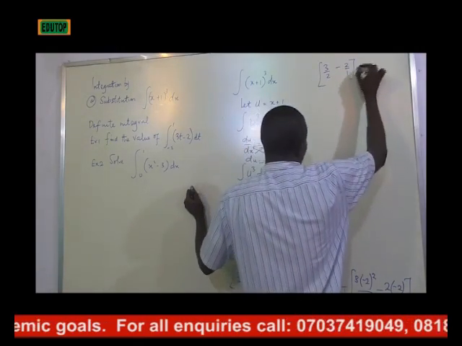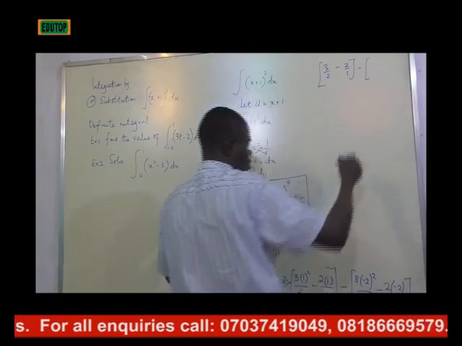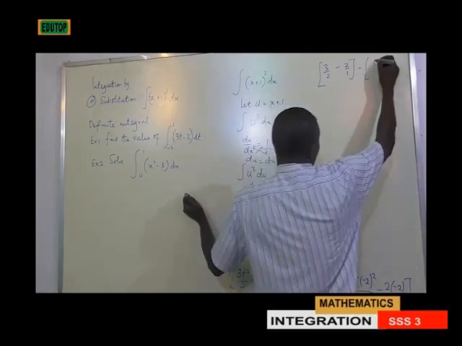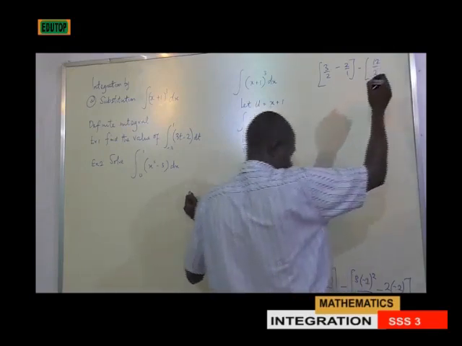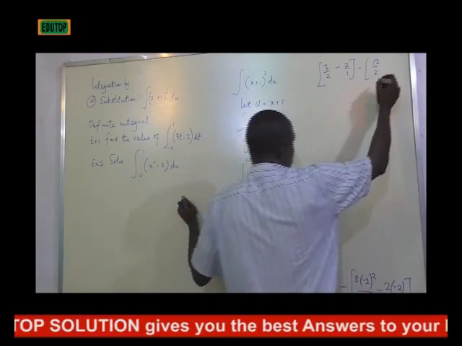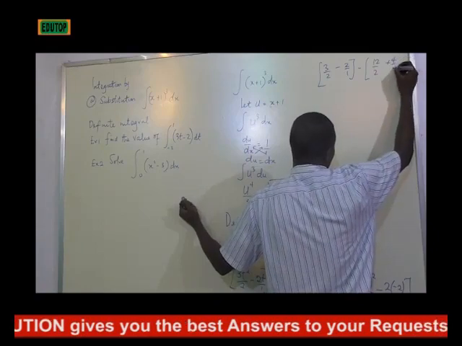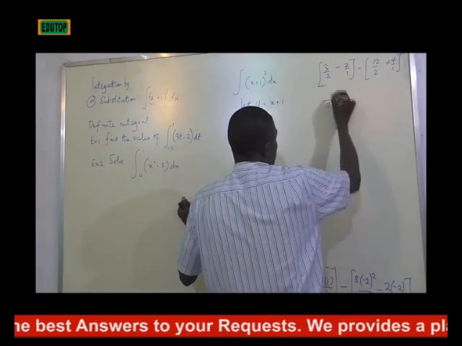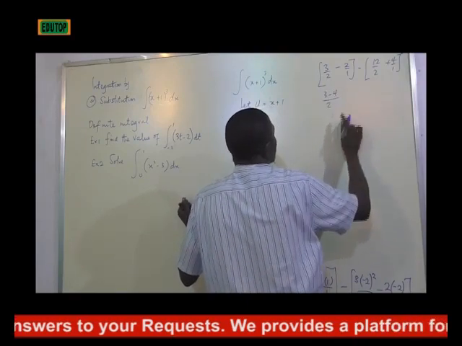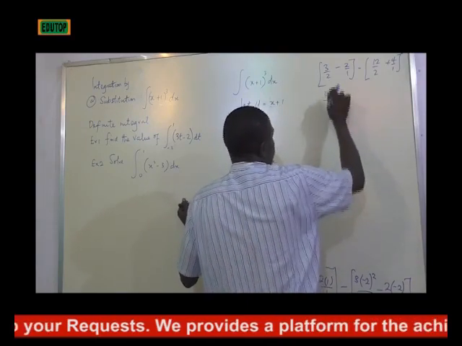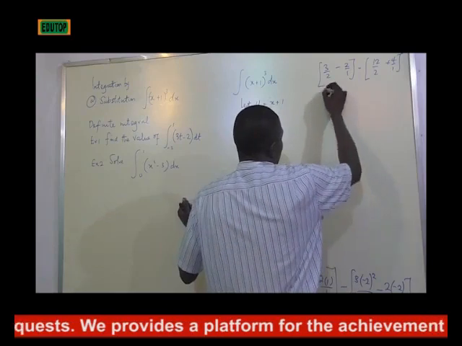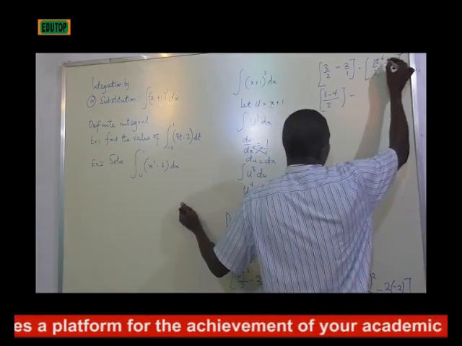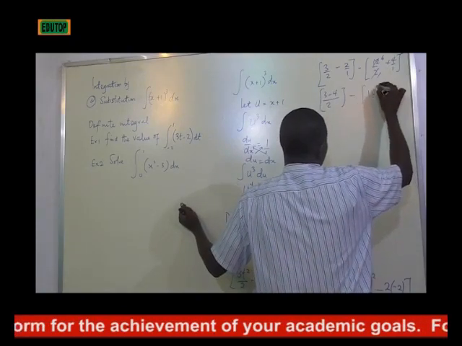Have this one in bracket, minus, this one will be minus 2 squared, that's 4. 4 times 3, 12, that's 12 over 2, minus 2 times minus 2, plus 4 over 1. So automatically we can look for the LCM of these two. 3 minus 4, then minus 2 here, and 6 here, 6 plus 4, that's 10.